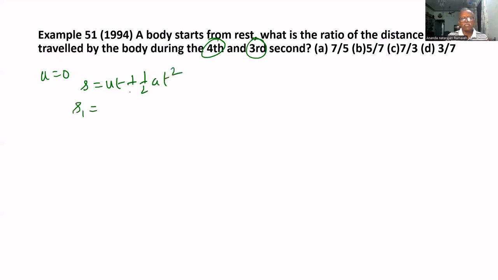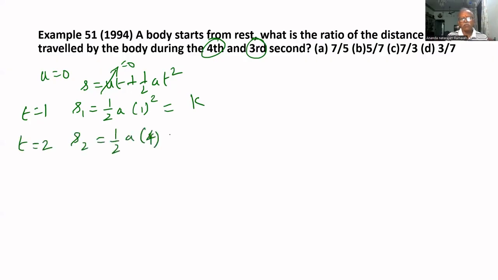S1 means first 1 second, what is the distance traveled? U equal to 0. That's why the first part is 0. 1 by 2A t square, T equal to 1. What is the distance covered in first second? So 1 square, that can be taken as K multiplied by 1, K. In 2 seconds, what is traveled? 1 by 2A, 4, that's why 4K. 3rd second, what you will get?